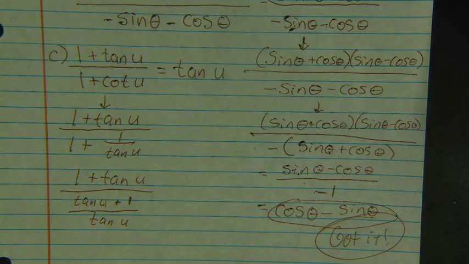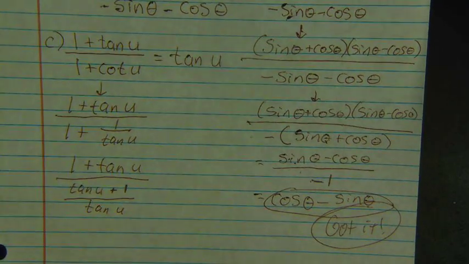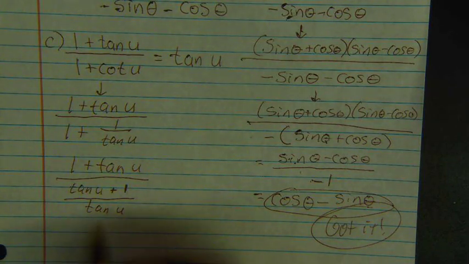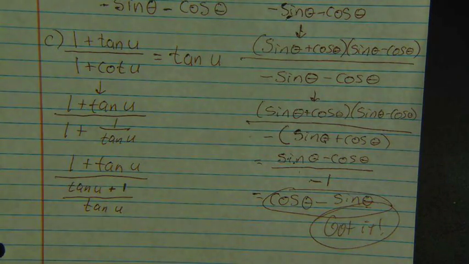And I think if you look at that now, most of you are going to start to see how we're going to finish this one. And I will just have Avery tell me again, how will I finish this now? So you can just move tan u and then really just cancel it. Because I'm going to do what? Just cancel out the 1 plus tan u on the top and 1 plus tan u on the bottom.